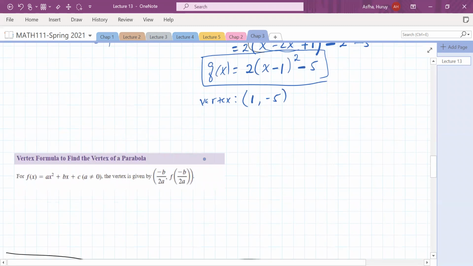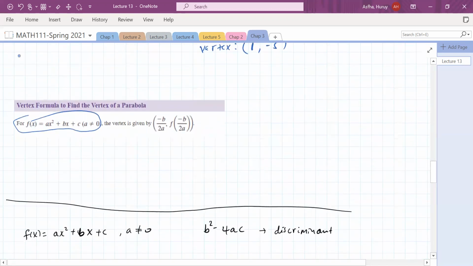Now, how do we find the vertex in general? Instead of changing this to vertex form and determining the vertex of that graph, is there a way to figure out the vertex given the function in standard form? We have f(x) equals ax squared plus bx plus c, where a is different from 0.